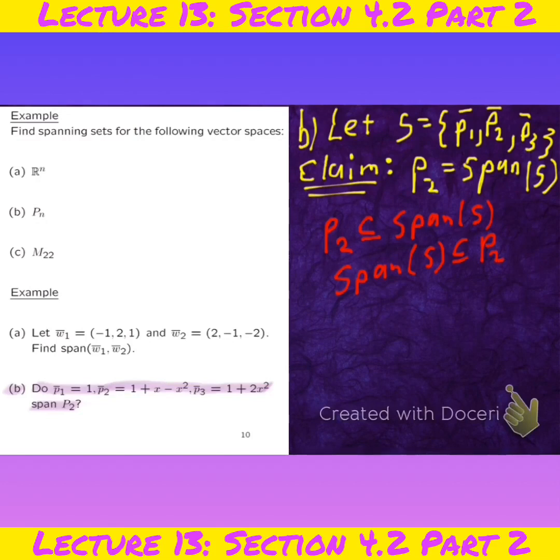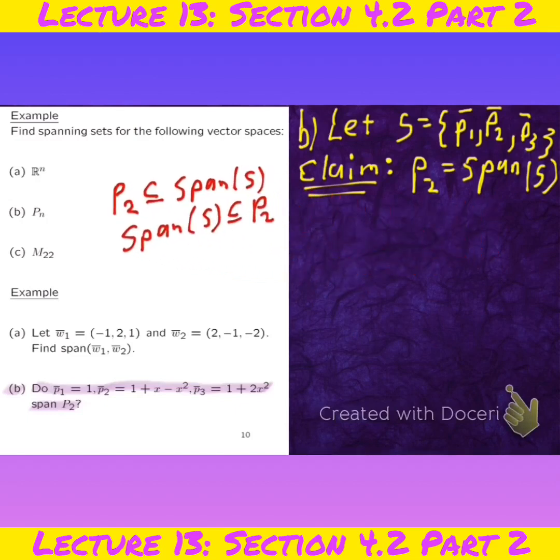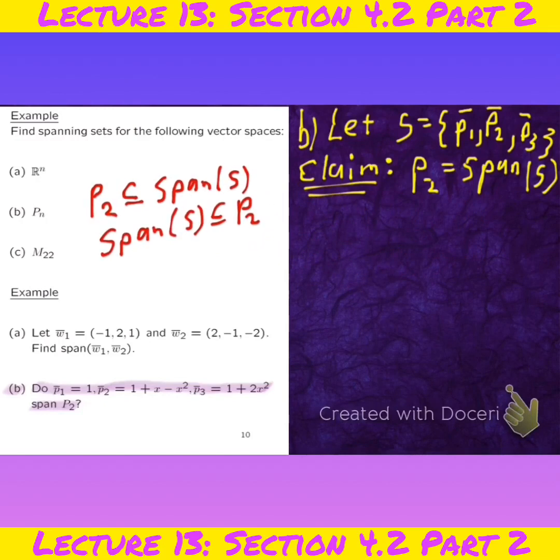So those are the two things I need to prove, to show that S spans P2. All right, so I want you guys to keep that in mind. That's what I want to show.